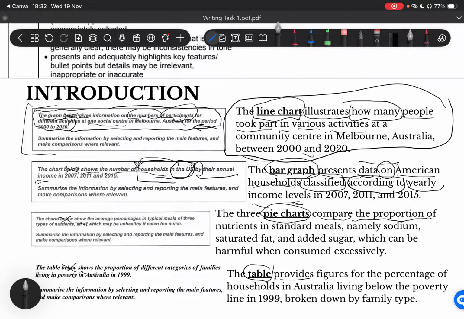Income levels is, as you can see, the word income, we did not change, but we did add the word levels, and it's considered to be paraphrasing as well. Income or income levels, they are almost the same thing, in 2007, 2011, and 2015.